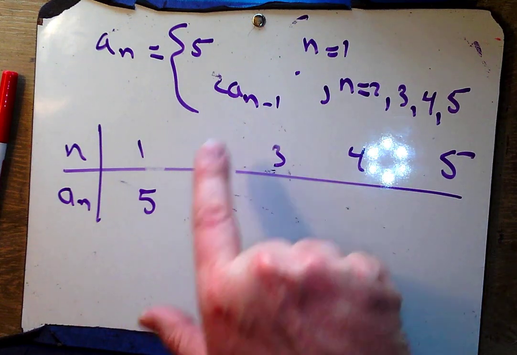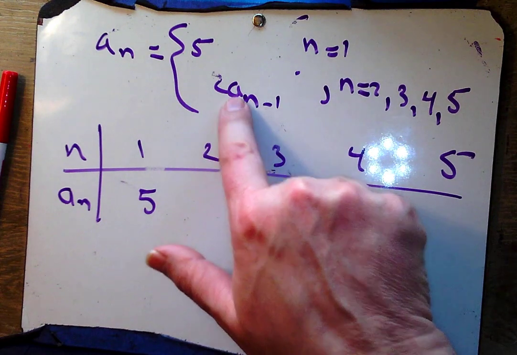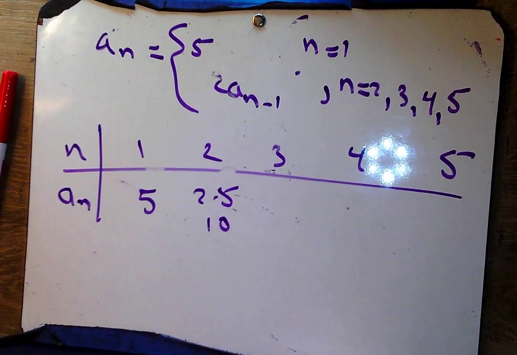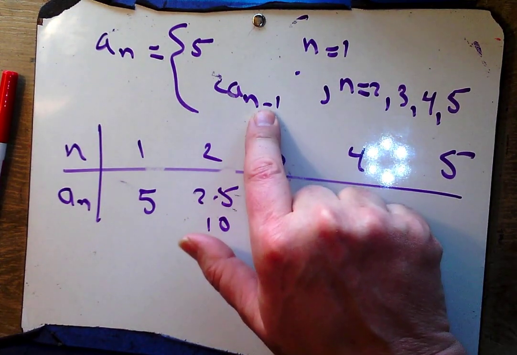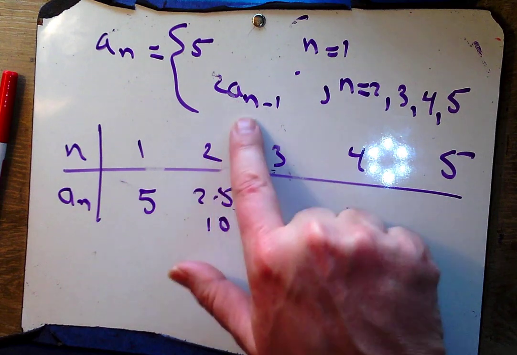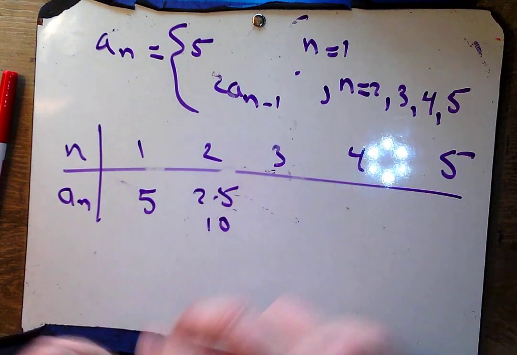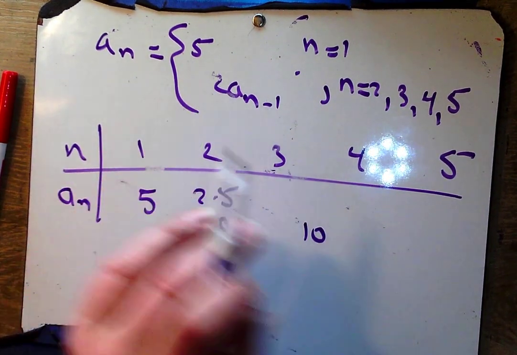And so I want the value of the first term, 5, times that 2 that's out in front. Okay, if I plug a 3 in, so 3 minus 1 is 2. I want the value of the second term, and that's 10. But don't forget to multiply that by 2.